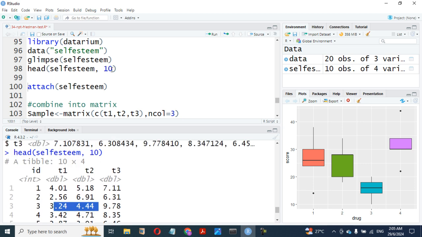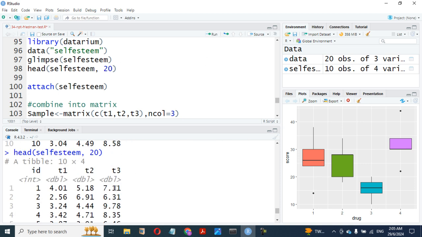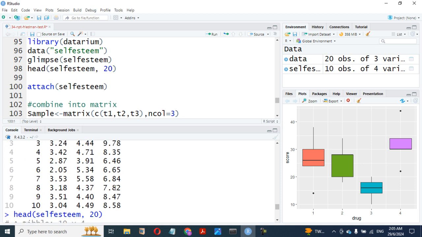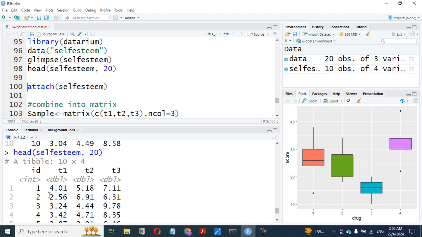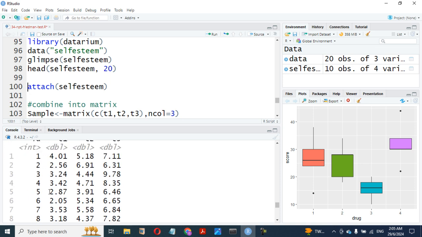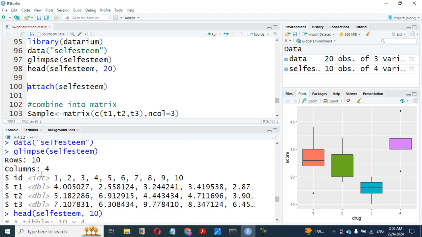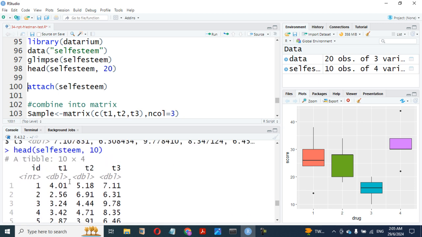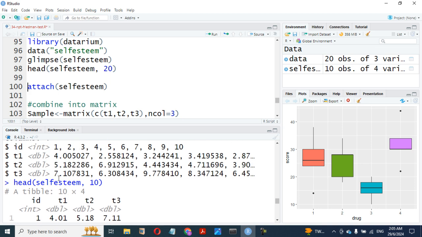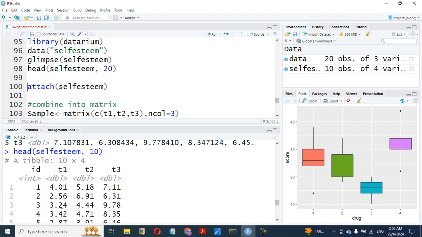Let's look at the first 20 and see what I'm talking about. You only have 10 here. Total you have is 10, not 20. You can't go to 20 because even though we have 30 observations, you can only see by 10 because they are collected differently.